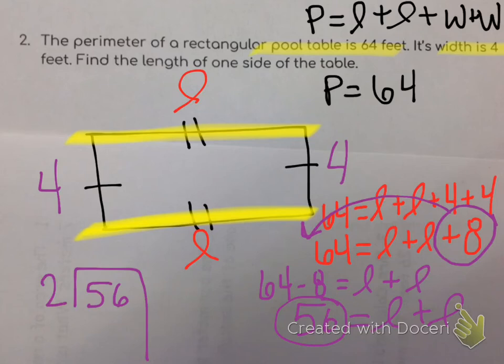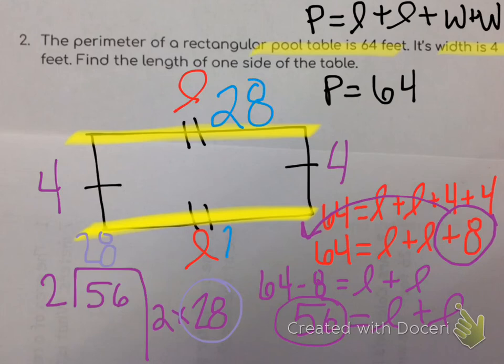Two groups of 28. So 28, that means that we believe the answer up here for the length is 28, and down here has to be the same because it's a rectangle.